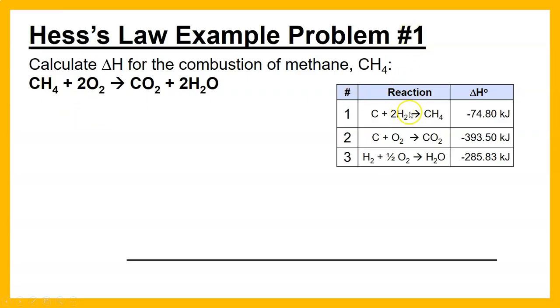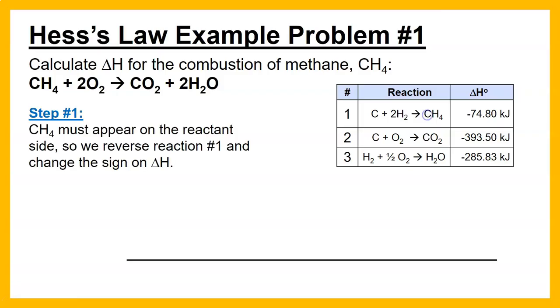So I look over here and I see, hey, equation number 1 has methane. But it's a product. That's not good. But I am allowed to flip my equation. If I flip this to make methane a reactant, I have to change the sign on delta H. So instead of being negative 74.8, it is now positive 74.8.